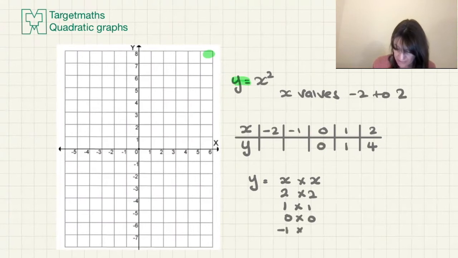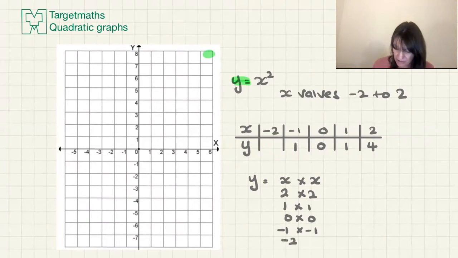Minus 1 times minus 1, which is positive 1. 2 negatives make a positive. Now I'm at a stage where I can start to see a pattern in the table. So this was going down 3, then it went down 1. Now it's just gone back up 1. Okay. So I'm guessing I've gone 4, 1, 0 back to 1. This is probably going to be 4, but we're going to do the maths to make sure.